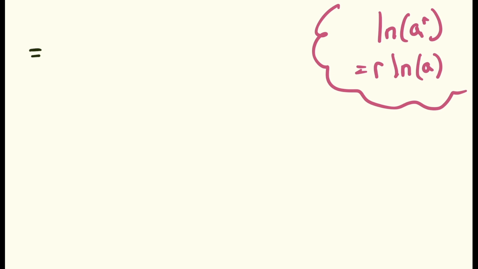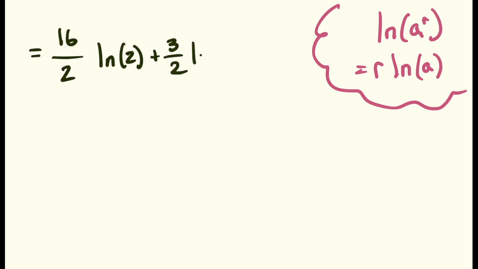So let's start off with 4 squared, which is going to be 16/2 natural log of 2. And I'm going to rewrite this a couple times. So our second part is 2 squared. And you can see now here's our exponent. We're going to bring that out front in our next step here.